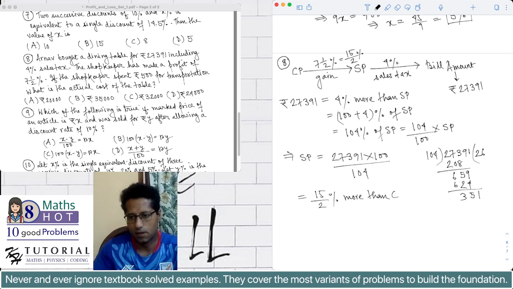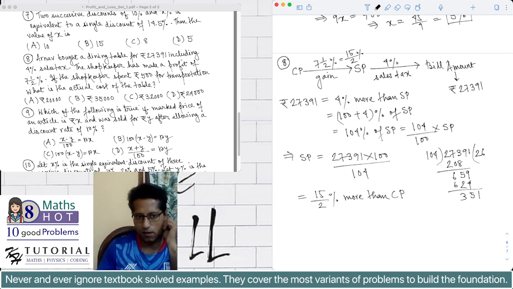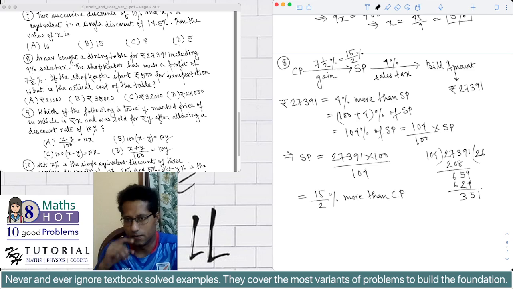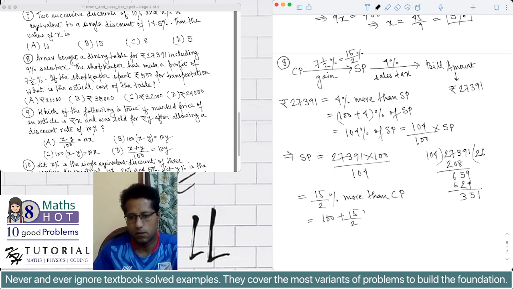And please note that this CP is equal to the actual cost of the table plus the transportation cost.